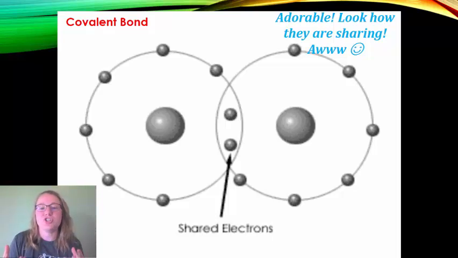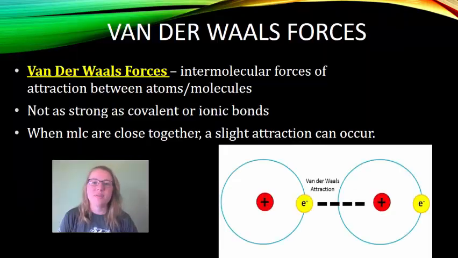This image is just showing the outermost electron ring, which are those valence electrons, and those two in the middle are the ones that are shared. And because they both want to keep holding on to those 8 valence electrons, the two atoms stick really close together.